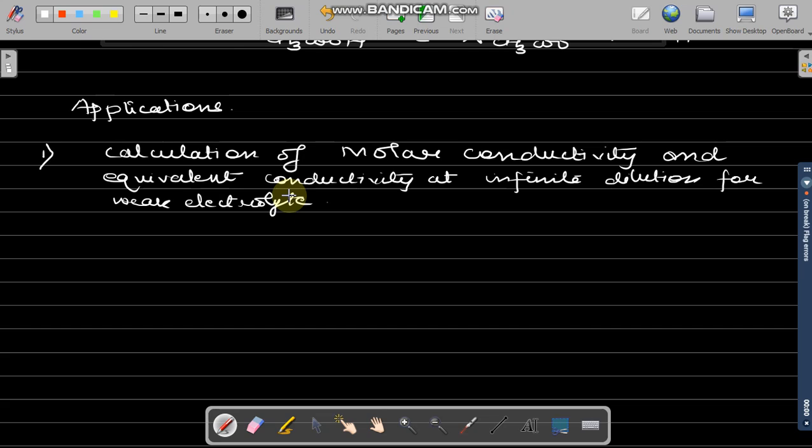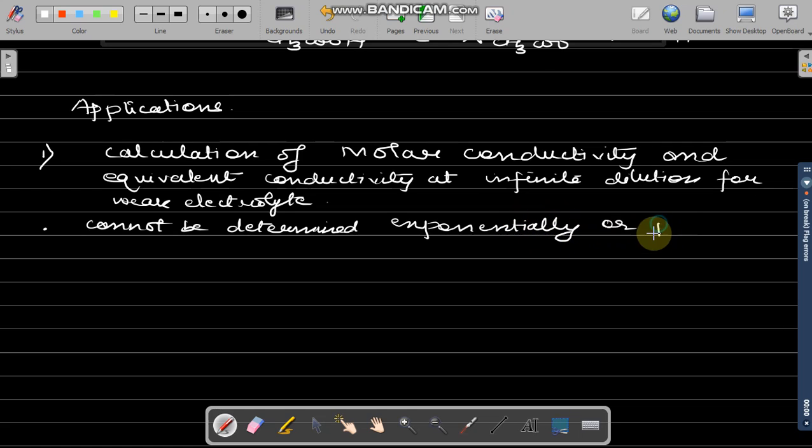When we talk about the molar conductivity and equivalent conductivity of a weak electrolyte, it cannot be determined experimentally, or by just plotting a graph. Why can we not do it this way?